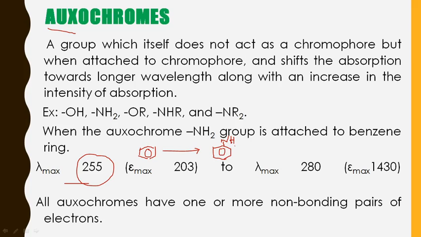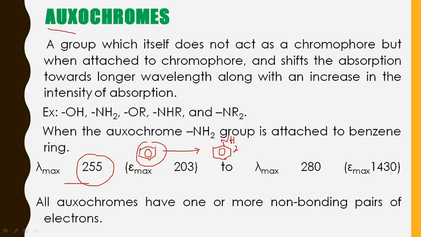NH2 is extra. Originally there is no NH2. After the reaction you get aniline. So that is why here NH2 is acting as an auxochrome. Benzene is the chromophore, and when the auxochrome interacts with the chromophore, the color of the compound intensifies.